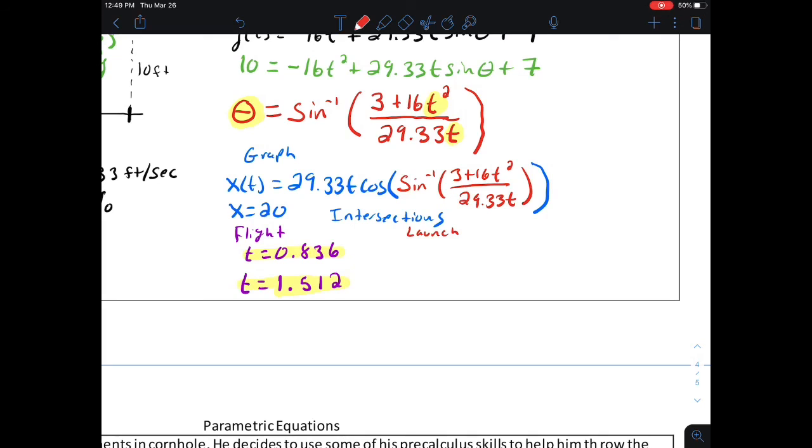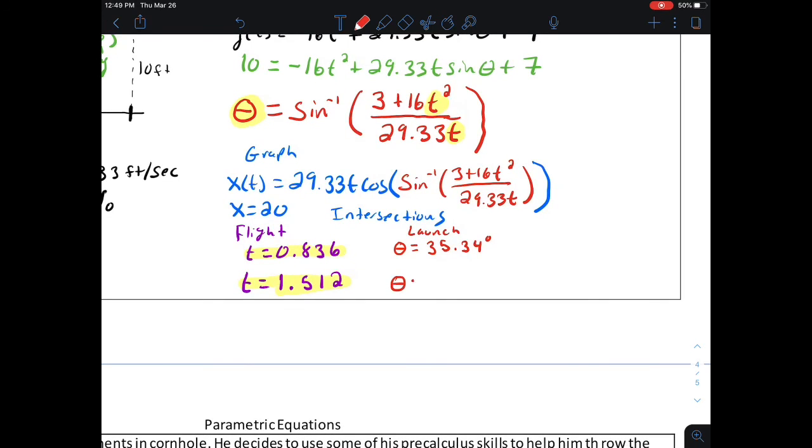And that'll tell me the angle at which this basketball player has to shoot the basketball. And so for the flight time of 0.836, we plug that in, we get a launch angle of about 35.34 degrees. For the flight time of 1.512, we get a launch angle that's a little bit steeper of 63.19 degrees.